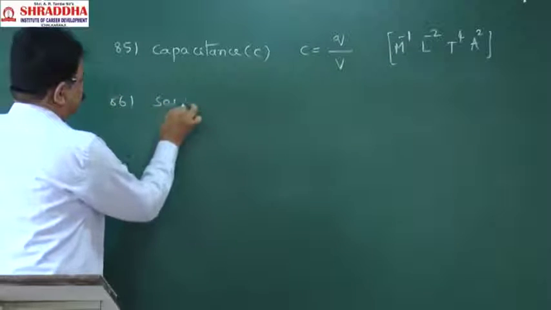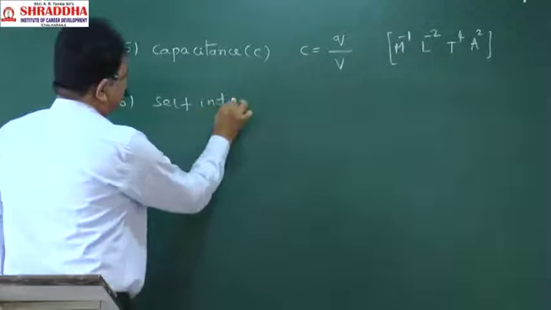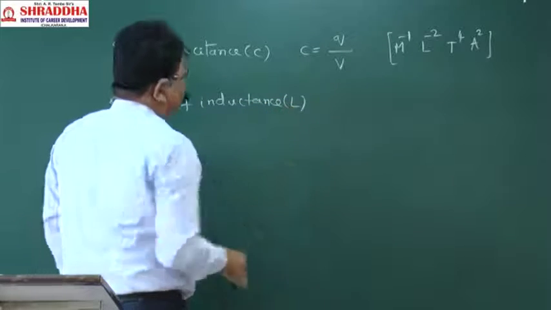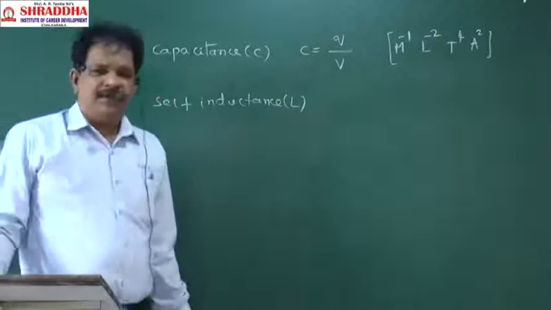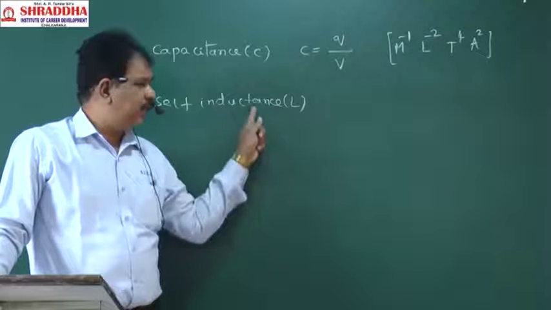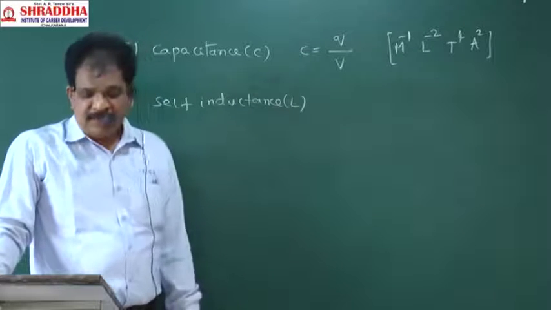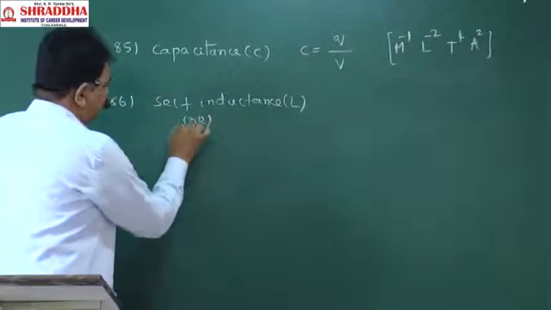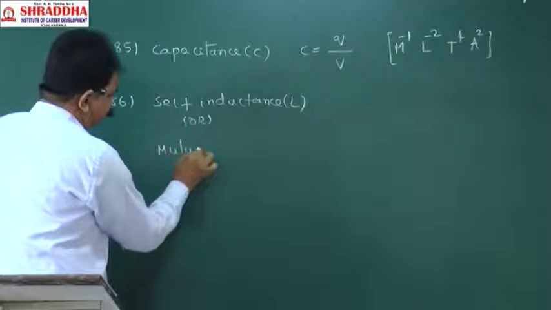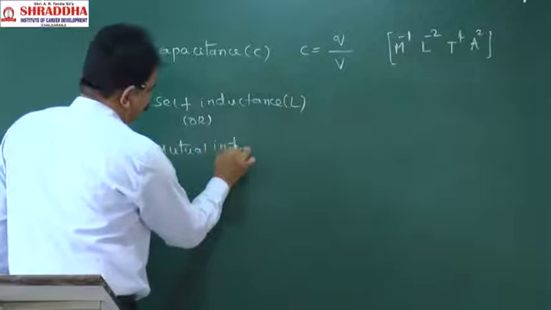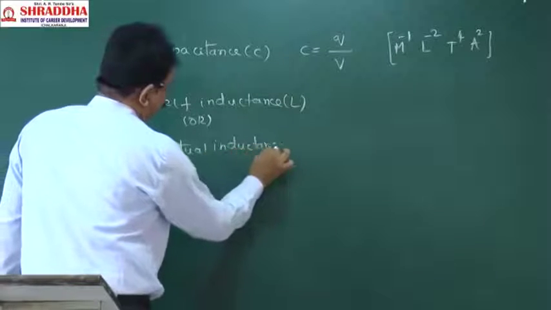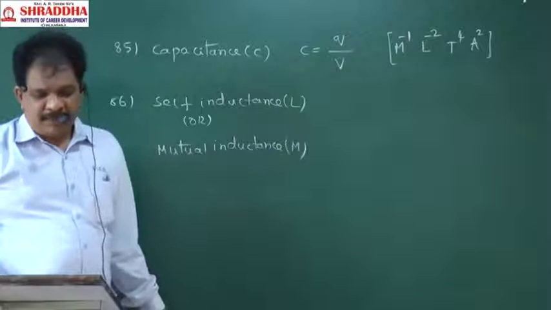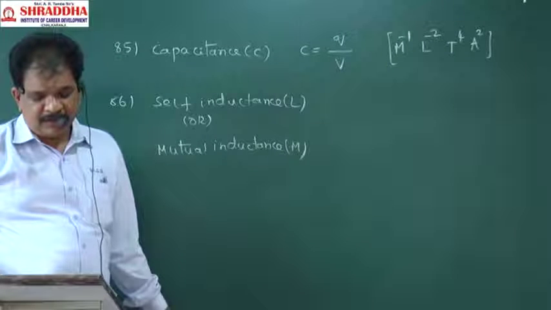Next, 86. Self-inductance. Its symbol will be L. You may not know what is meant by self-inductance. Self-inductance or mutual inductance, its symbol will be M. Both have the same meaning.